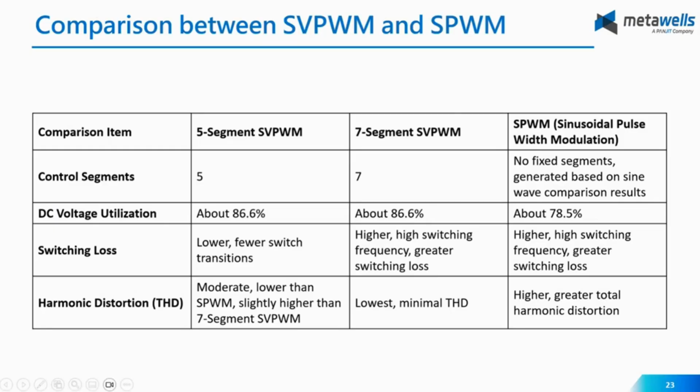A higher DC voltage utilization means we can achieve higher motor speed. Okay, and the 7-segment SVPWM also provides higher voltage utilization, about 86.6%. But the disadvantage is the switching loss is higher than 5-segment SVPWM. But the advantage is this strategy provides the lowest, the minimal THD.